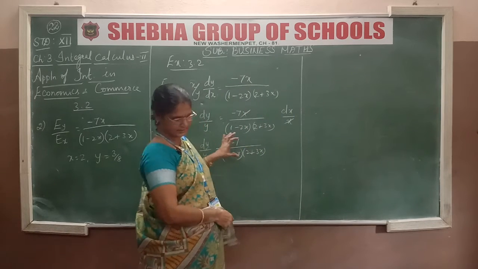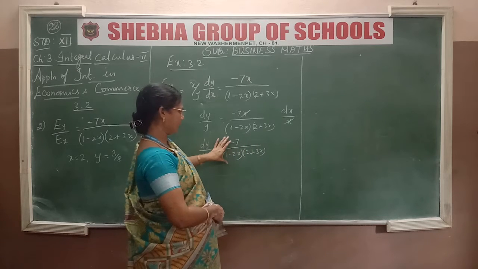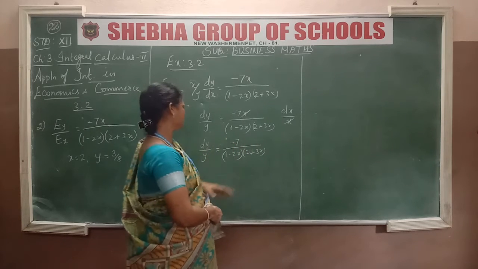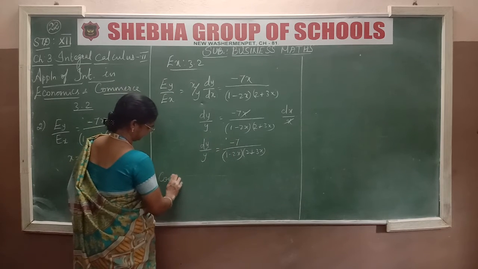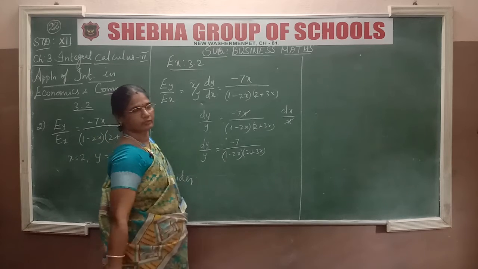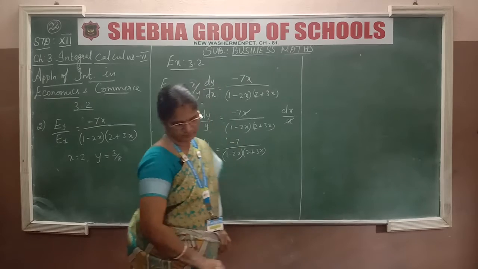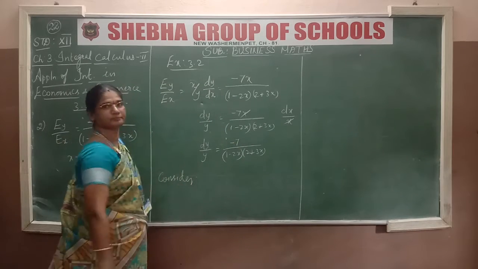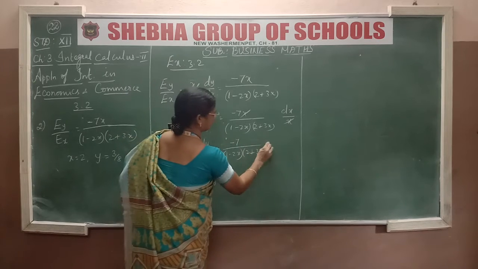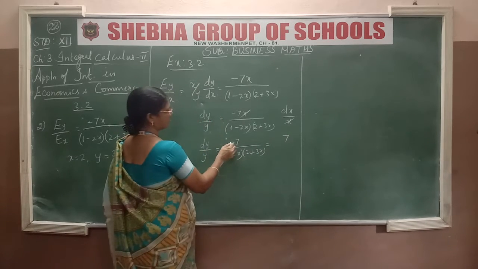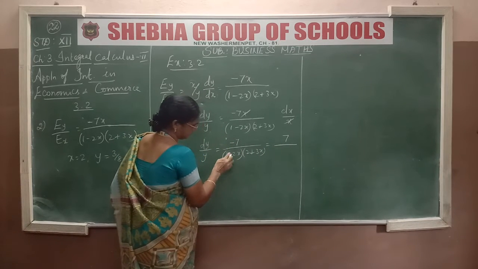Now consider the right-hand side. We have to use partial fractions. We also have to write this as positive 7, which means we take one minus sign from the term.